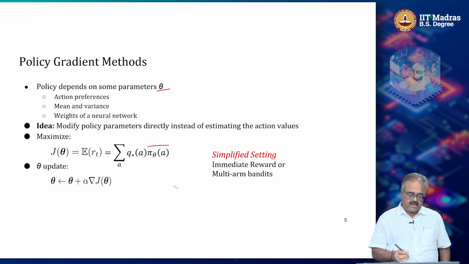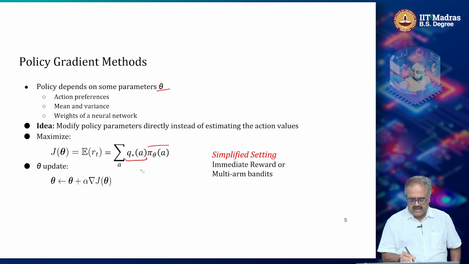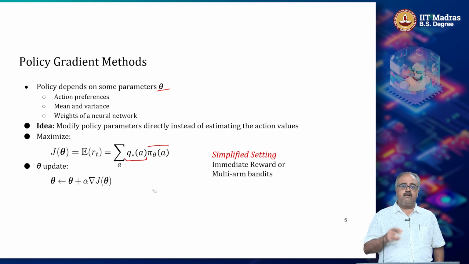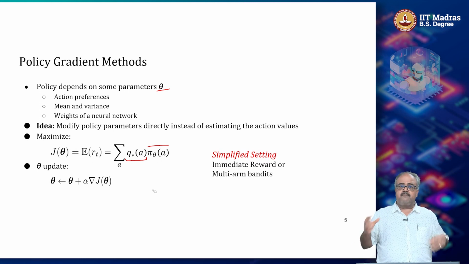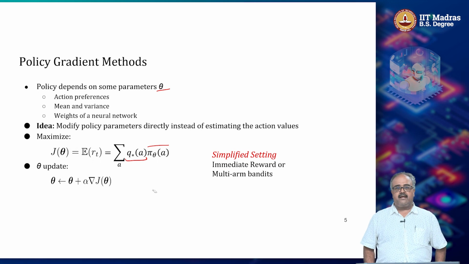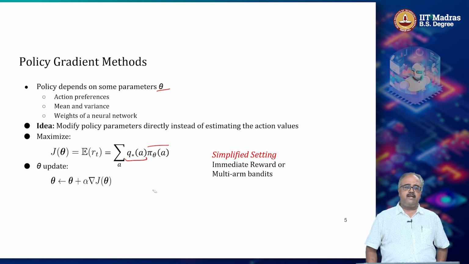That is pi theta of a, and q star of a is the true expected value of the reward for taking action a.